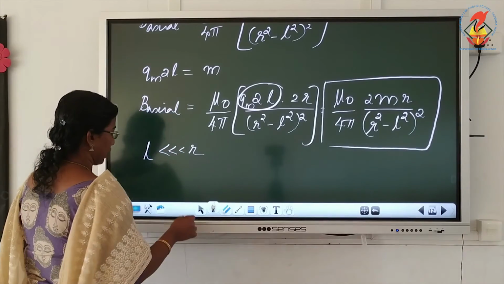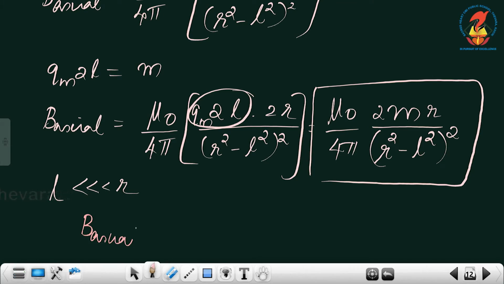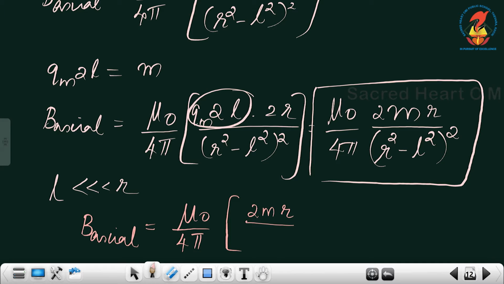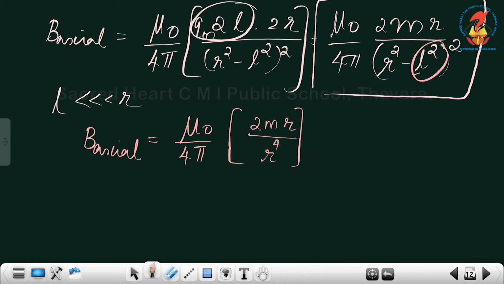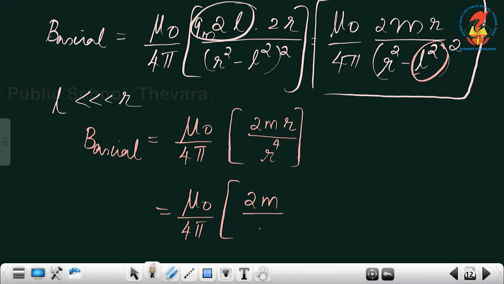Then I can write the above equation as B axial is equal to mu 0 by 4 pi into 2mR divided by, since L is very small, this term can be neglected, R raised to 4, which is equal to mu 0 by 4 pi into 2m by R cube.